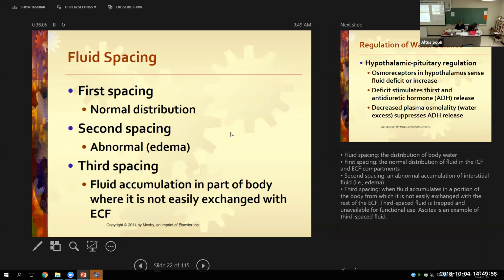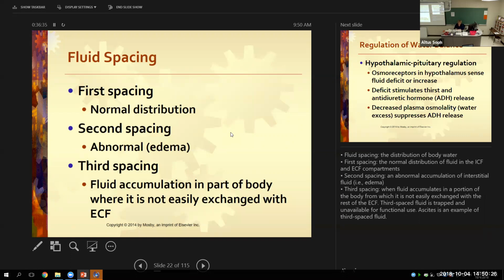And then third spacing occurs when excess fluid collects in the non-functional area between the cells. The fluid is trapped where it is difficult or impossible for it to move back into the cells or the blood vessels. Third spacing occurs with ascites, fluid leaking into the abdominal cavity with peritonitis or pancreatitis, and edema associated with trauma, burns, or sepsis.